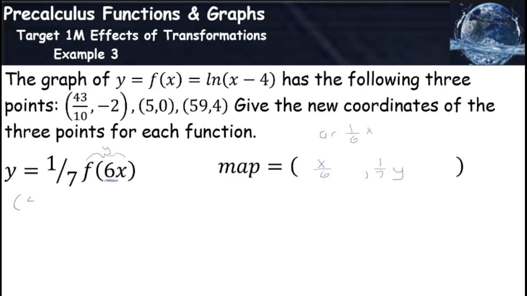Okay, so here we go. I have the point 43/10, -2, and I'm going to get 43/10 divided by 6. You know, I want to write this the other way because it's going to make this easier. So I'm going to erase this and write this as 1/6 x. I like that better.